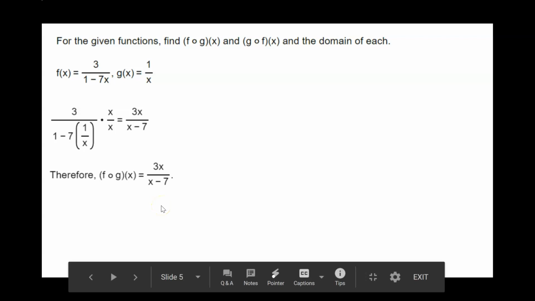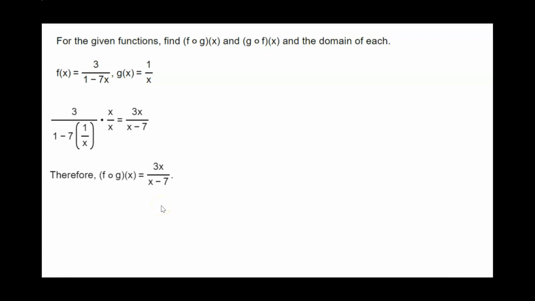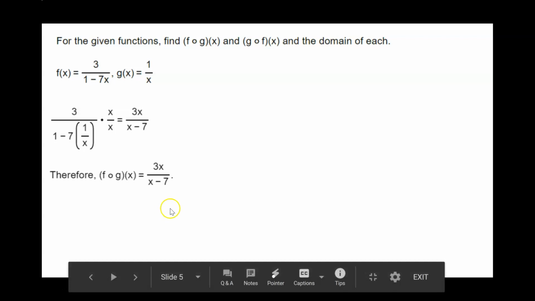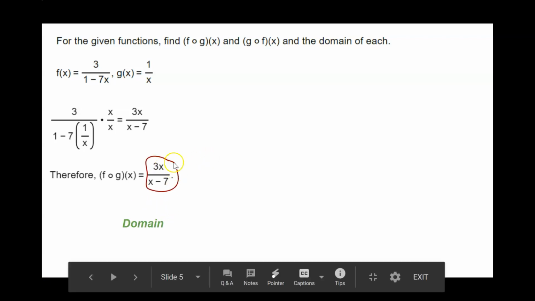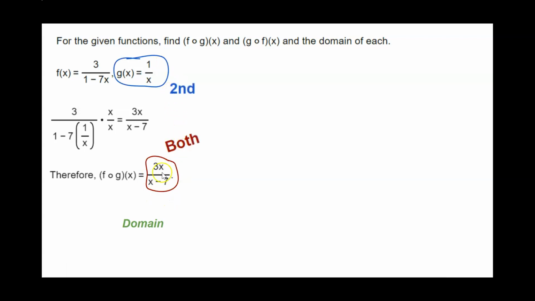So our domain is going to be negative infinity to 7. The negative infinity gets a parenthesis, comma 7, and then the 7 also gets a parenthesis. So we found the domain for both together, and now we found the domain for the second one.